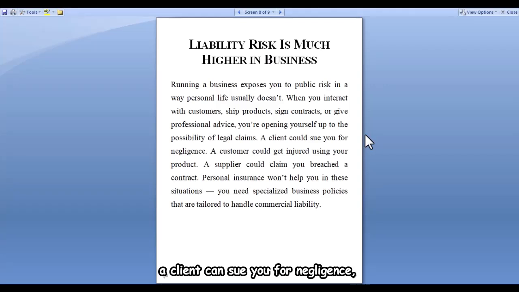A client can sue you for negligence. A customer could get injured using your product. A supplier could claim you breached a contract. Personal insurance won't help you in these situations, so you need specialized business policies that are tailored to handle commercial liability. So now let's go to the last one on this page.